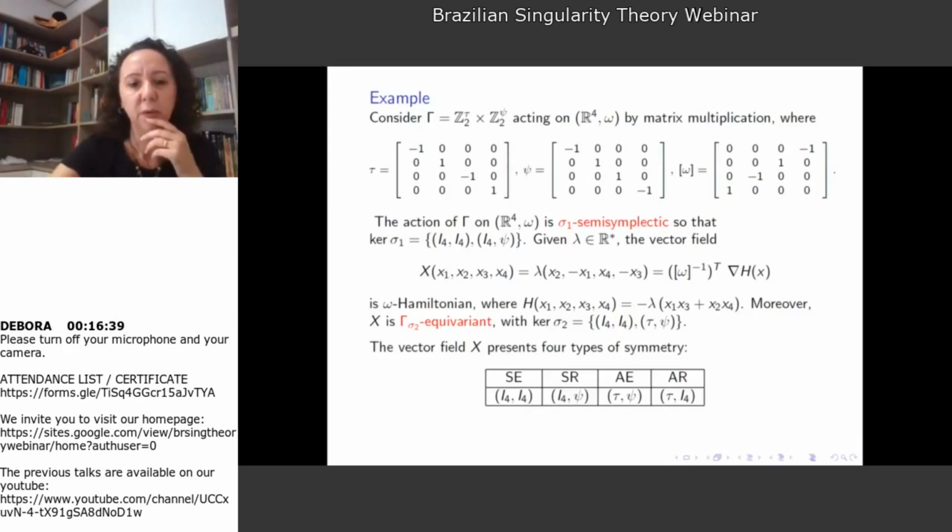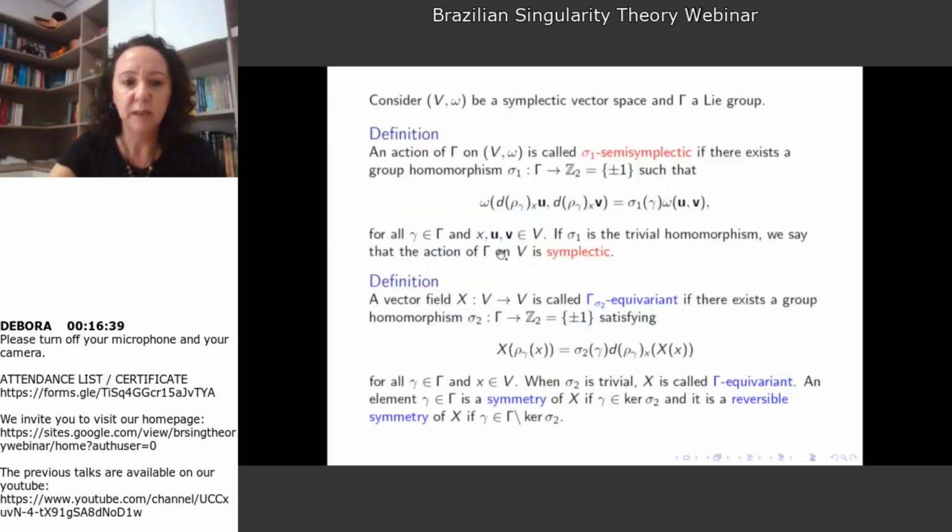When we verify, we prove that this action is semisymplectic. And what are the elements that sigma 1 sends to 1? It's precisely the identity I4 in gamma, and I4 and psi are the elements for which, when we do this computation, sigma 1 is equal to 1.